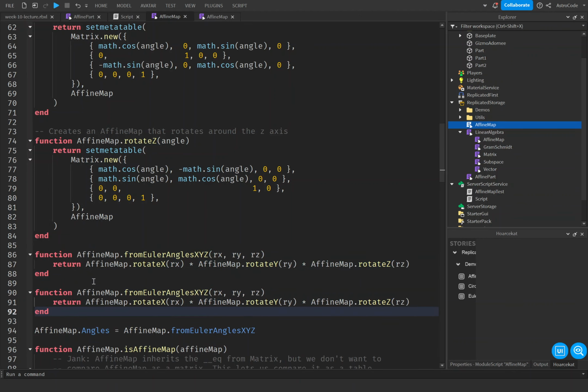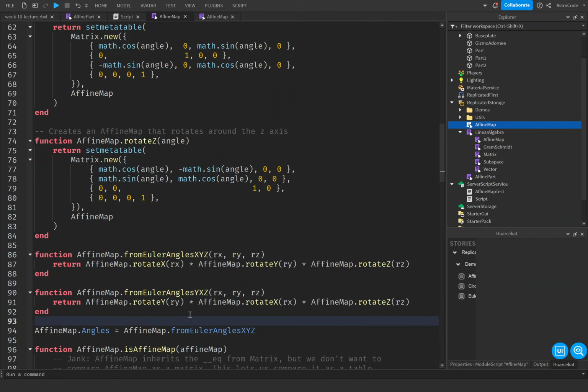And then for whatever reason, Roblox implemented 2 versions of the Euler angles constructor. Like they did 2, even though there's 6. I'm not really sure why they even chose the 2 that they did. But they also implement YXZ. So the first one is actually going to rotate about the y, and then we rotate about the x, and then the z.